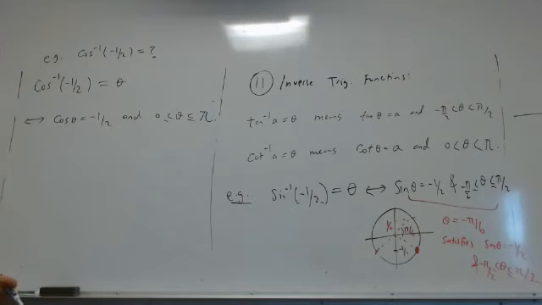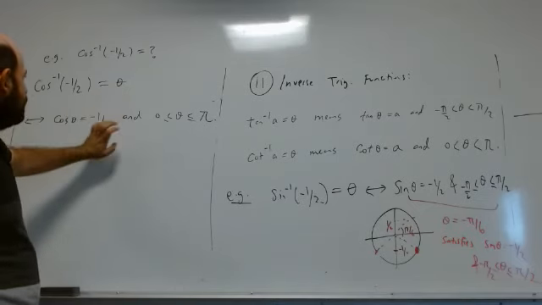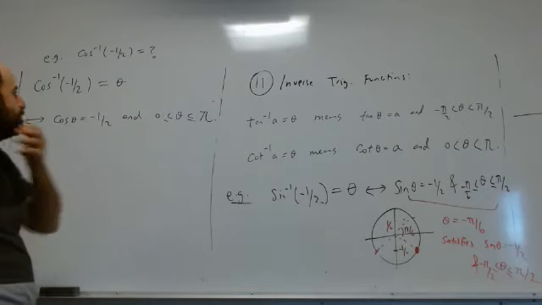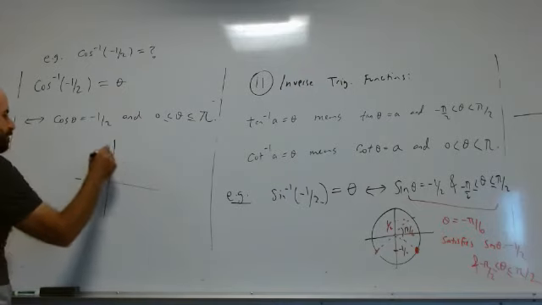If you look at your notes, you will see that for cos inverse, we said if we put it equal to theta, cos theta has to be equal to A, and theta between 0 to pi.